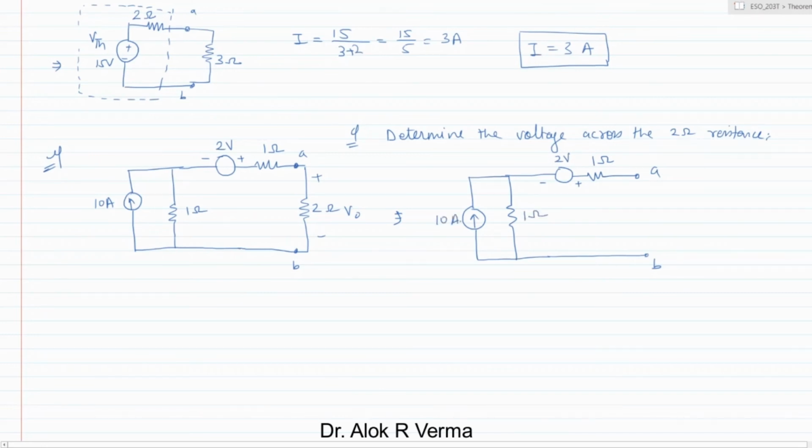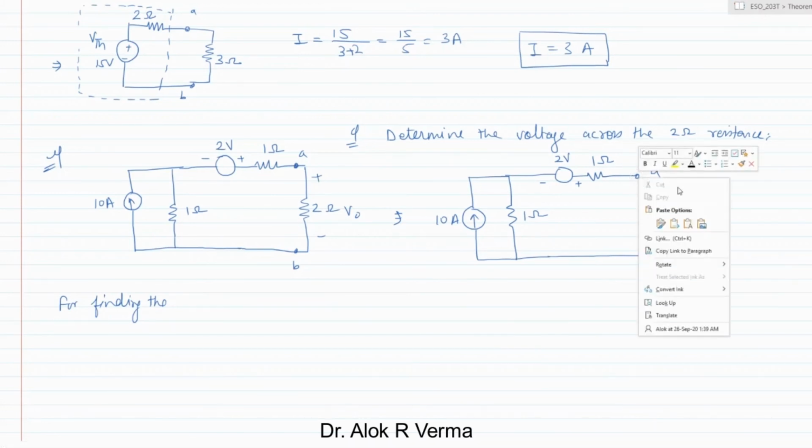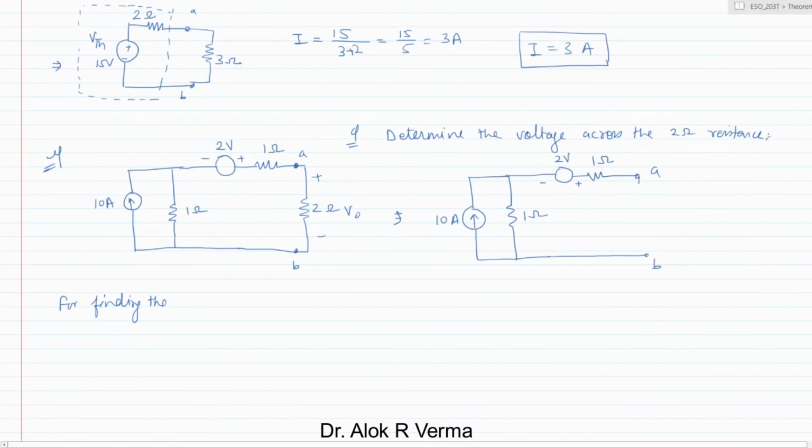Now in the circuit, if we first find out the Norton's current, the current through the short circuit may be determined by superposition. For finding the Norton current, we have to short the terminals A and B. This is known as the IN.